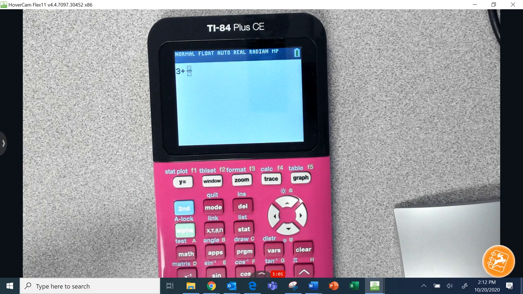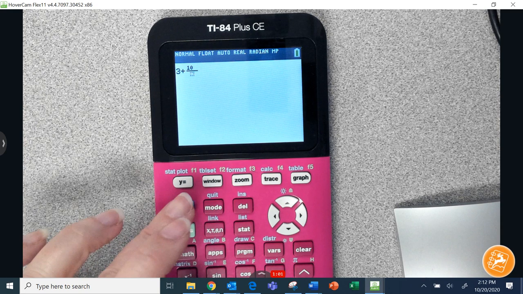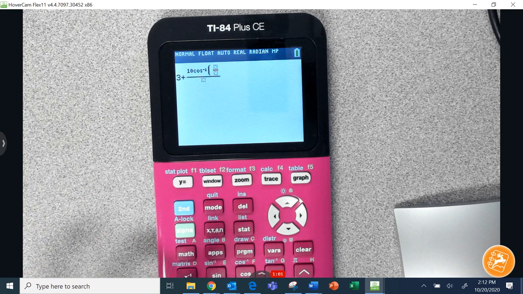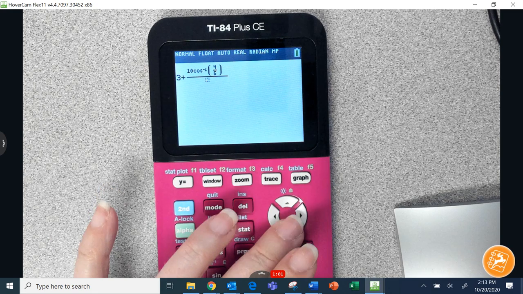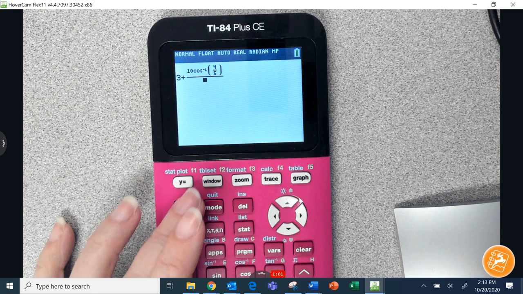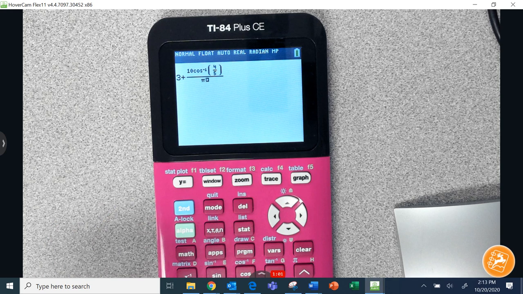All right, so we're typing in 3 plus 10 cos inverse of 4 over 5 over pi. I'll type it in. Right now k is 0, so I'm adding 20 times 0, and I get this answer.